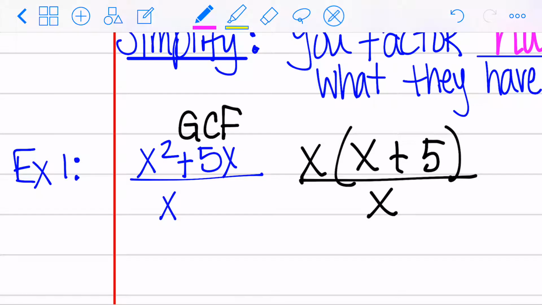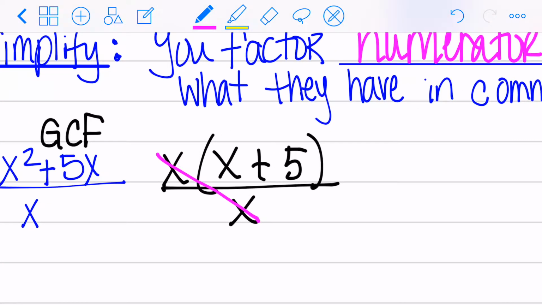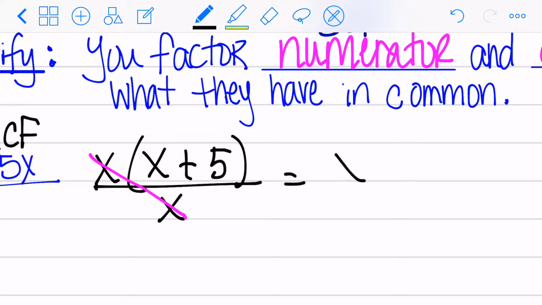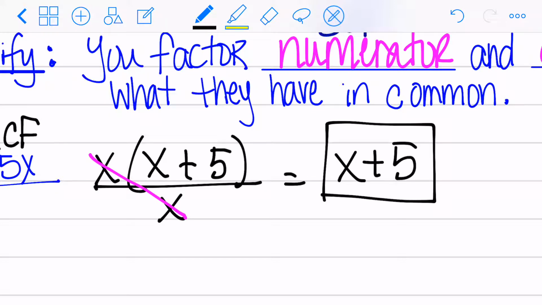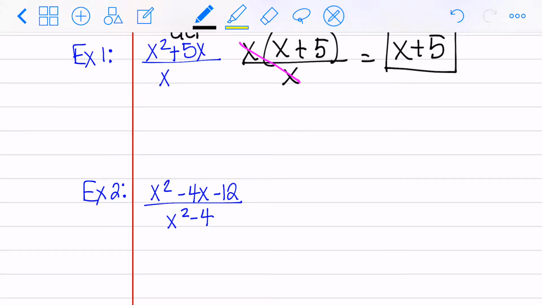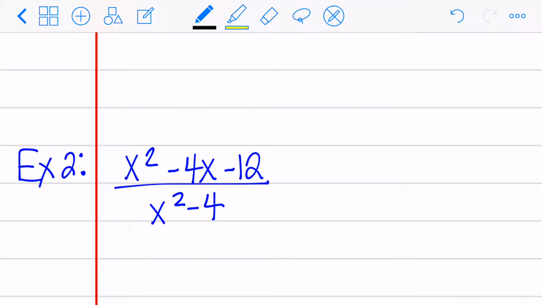Do you see where you can cancel things? Well, I hope you can say that we could cancel the x's out, and then you're just left with x plus 5. And that is our answer. That is simplified. Everybody okay? So now let's look at this next one.